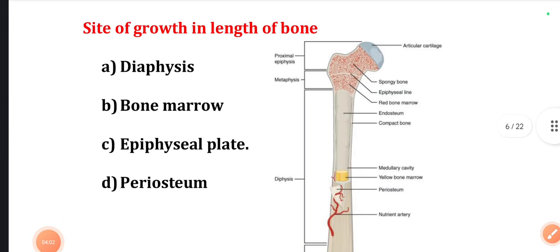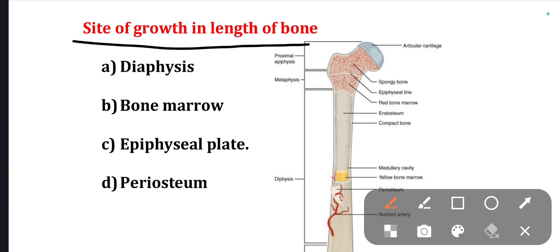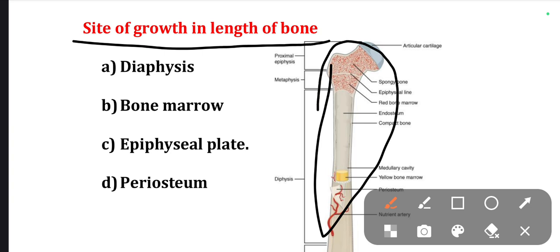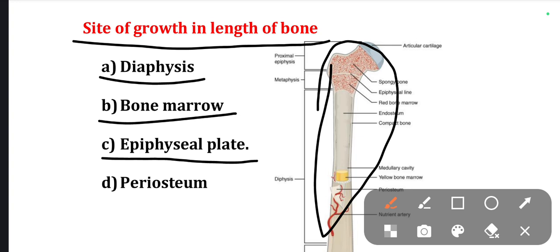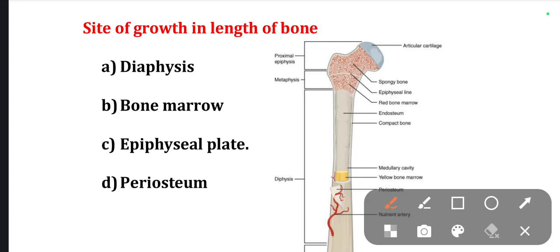The next one is the site of growth in length of bone. In the bone, where can we see the development and growth of the bone? Options are diaphysis, bone marrow, epiphyseal plate and periosteum. The right one is the epiphyseal plate. You can see it here.